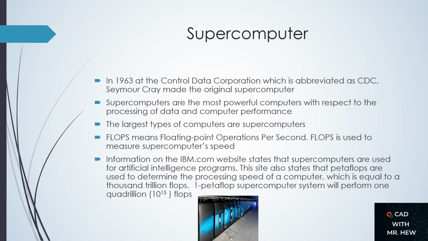This site also states that petaflops are used to determine the processing speed of a computer, which is equal to 1,000 trillion flops. One petaflop computer system will perform 1 quadrillion flops.